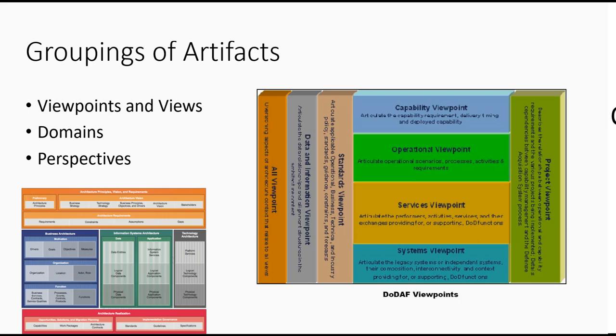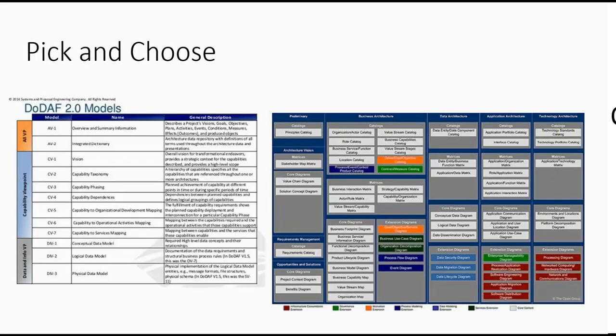On the right you have the DODAF viewpoints, and viewpoints will be in the abstract, views will be in the specific. So if you have pieces of paper in your hand, they are views, and if you have the concept in your mind, it's a viewpoint. On the left you find the TOGAF equivalent of that. So we can divide our artifacts into groups in these categories.